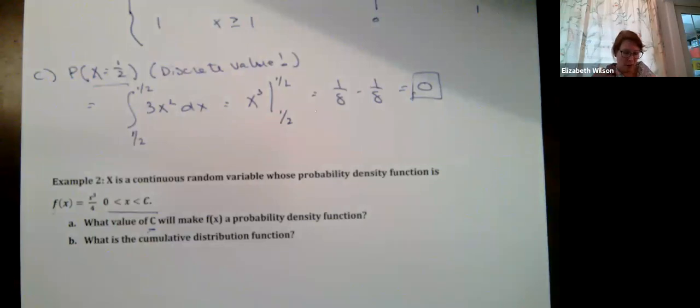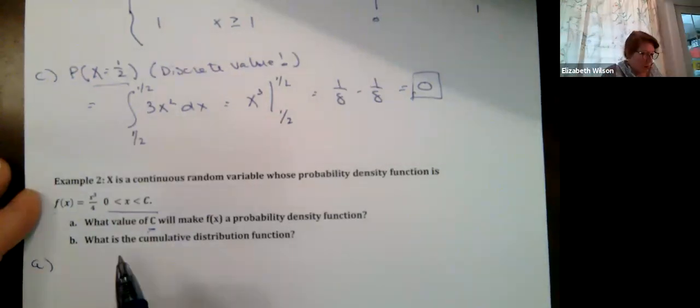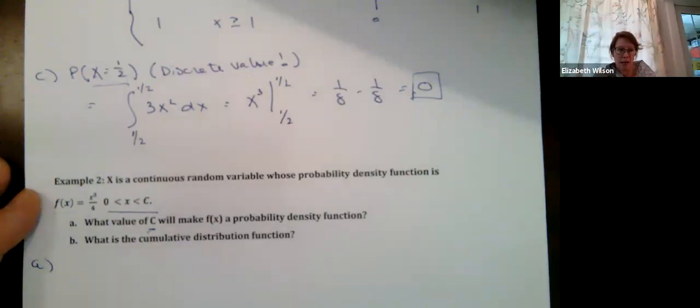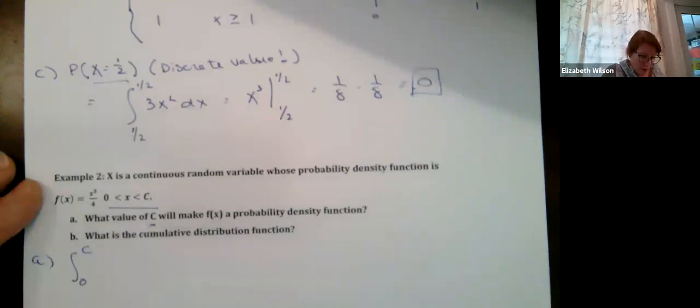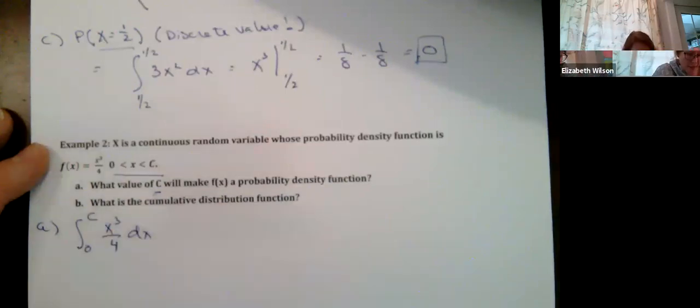So I'm going to set my integral up where I say what value of C is going to make this a valid PDF. The valid PDF is going to be the area under that whole curve within that range of values summing up to 1. So I'm going to go from 0 to C. I don't know what C is yet. That's what we're calculating. x cubed over 4 dx. And I want that to equal 1.